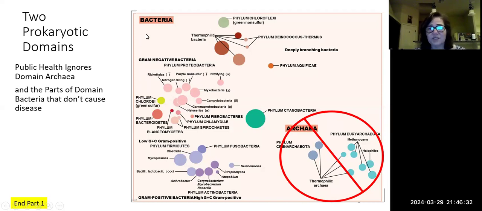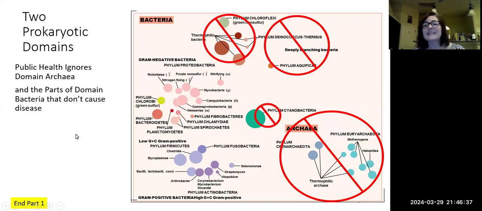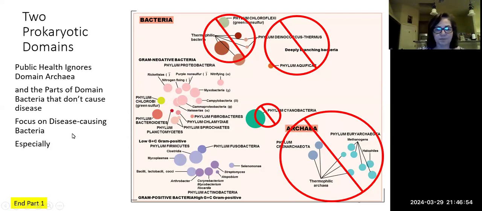Also, the parts of the domain bacteria that don't cause disease, we can safely ignore, because you're never going to find any of those on humans. For public health, we are concerned with those that can actually live on or in humans and cause disease in humans.